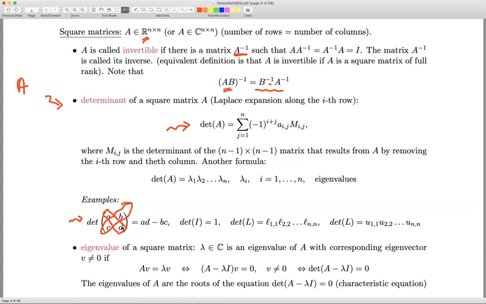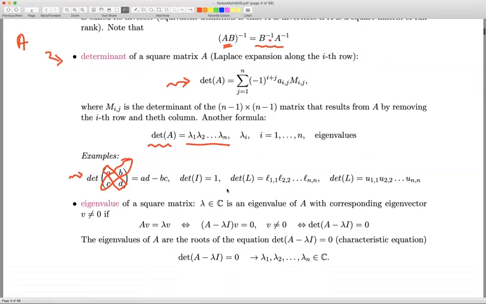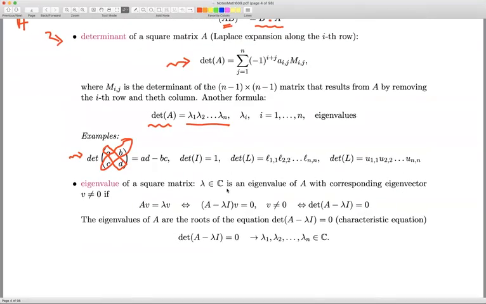However, if one knows the eigenvalues of a matrix, then the determinant of this matrix can be computed easily by just multiplying the eigenvalues of the matrix. Or if the matrix has a special structure, then determinants are easily computed. The determinant of the identity matrix is 1.